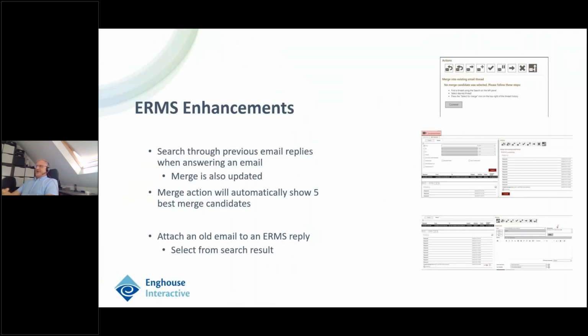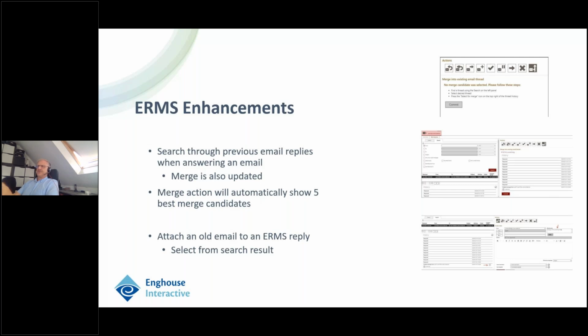So next up are a number of usability updates that we did in our email management solution, our ERMS module. So we made searching through previous older emails easier now by making sure that there is a search window available when you're in normal reply mode as well, and not only in the merge mode as we did before.